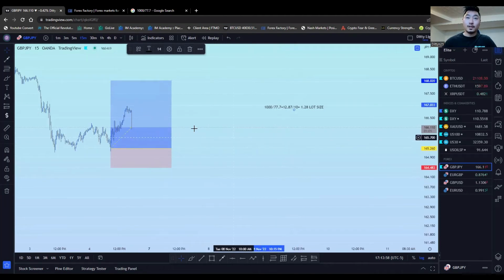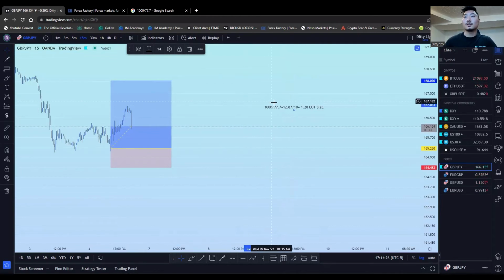But keep in mind, this is really important. For example, your trading account is in USD, though it can be euro or another currency, and then you're trading GBP/JPY. You have to do the conversion.